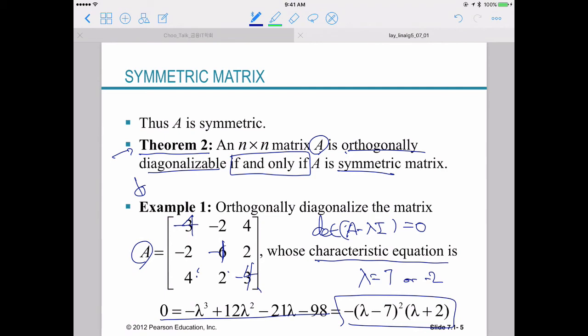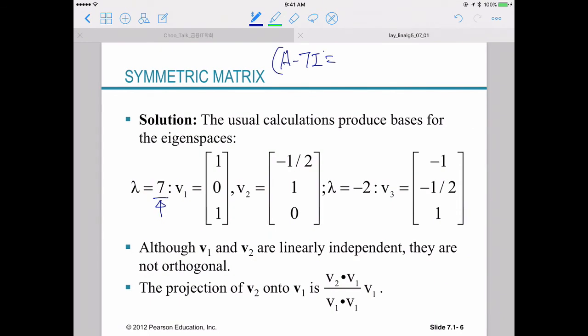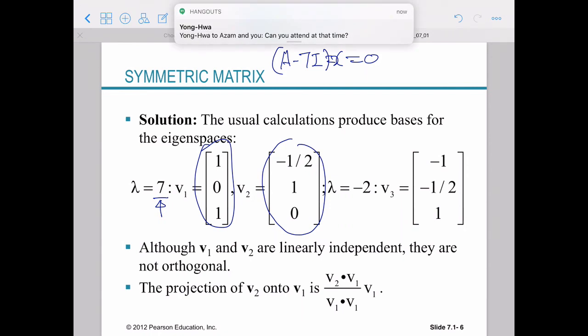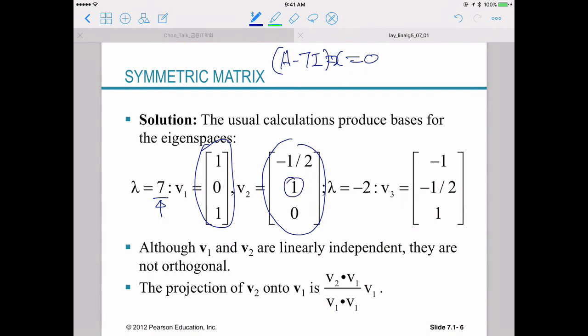So we have to solve this homogeneous linear system of this matrix times x equals 0. And these two are basis vectors when you represent your solution in parametric vector form. So as you imagine, this will be x2 times this vector, plus, for this guy, x3 times this vector.